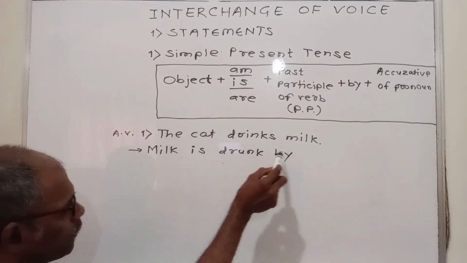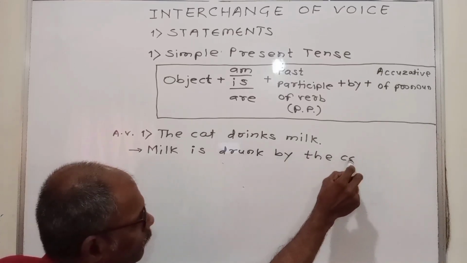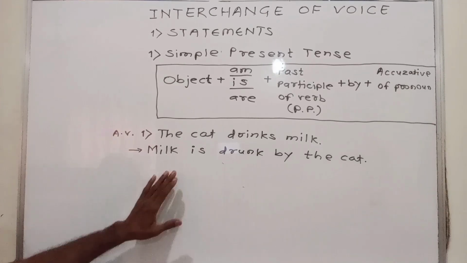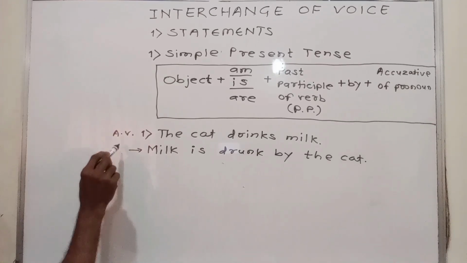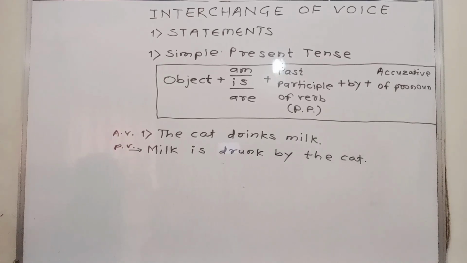So milk is drunk by the cat. Did you get it? This is our passive voice. Did you get it? Then we take the next example.